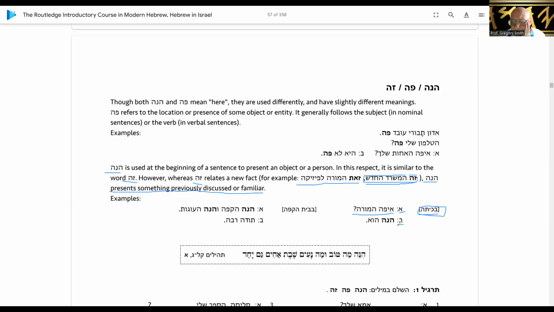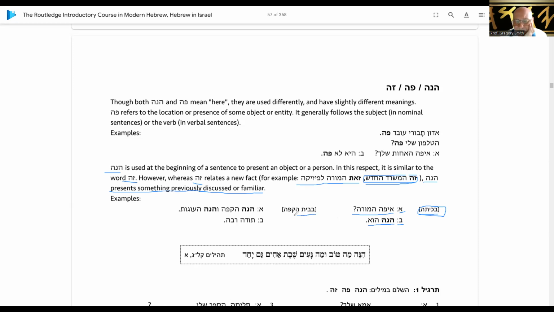And here is the teshubot, the answer. Hine hu. So what would that be? He is here. Here he is. הנה הוא. Yeah, Hinehu. All right.